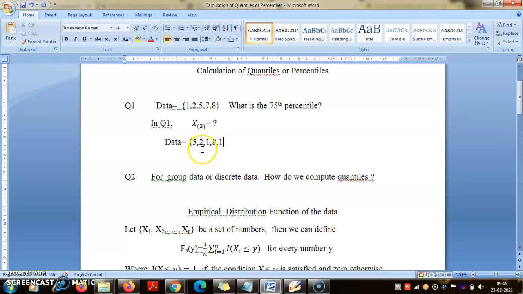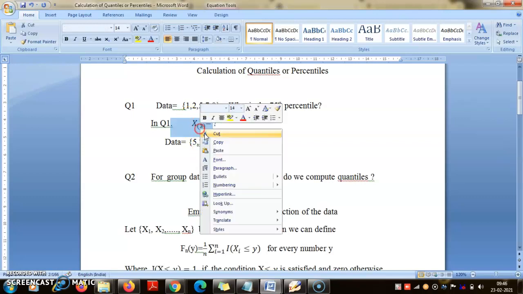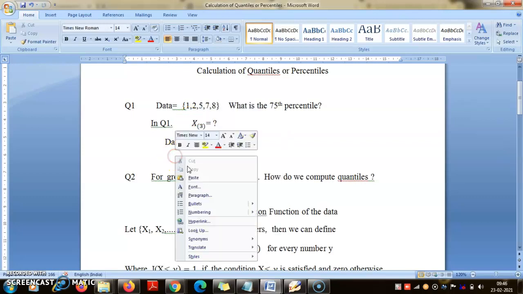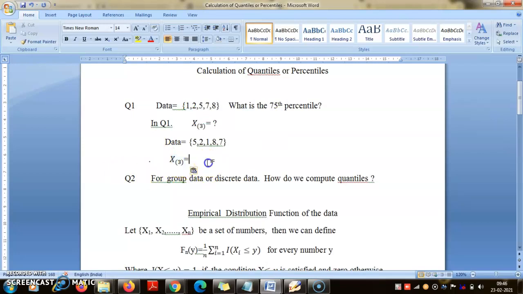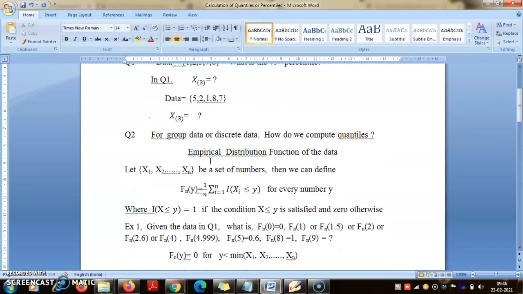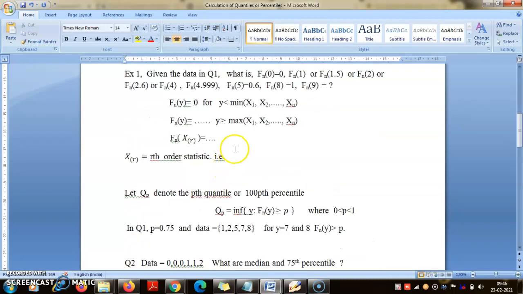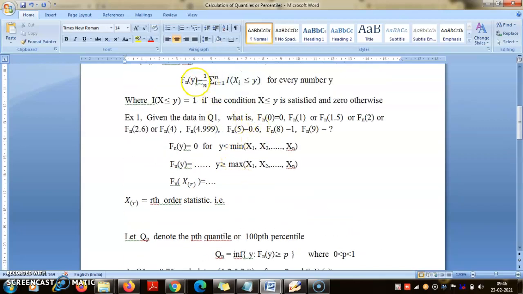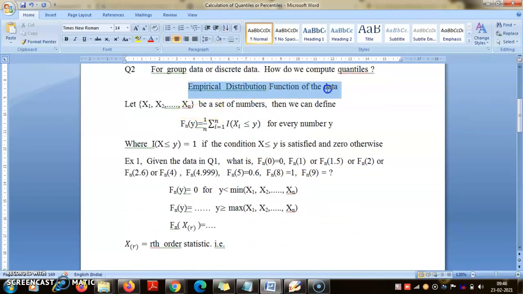This is another permutation of the data. What is this for this? Now once you have figured this out, then your understanding of the empirical distribution function is complete.